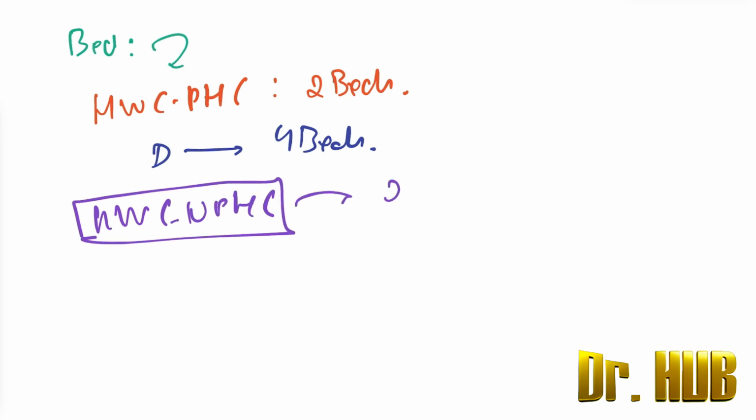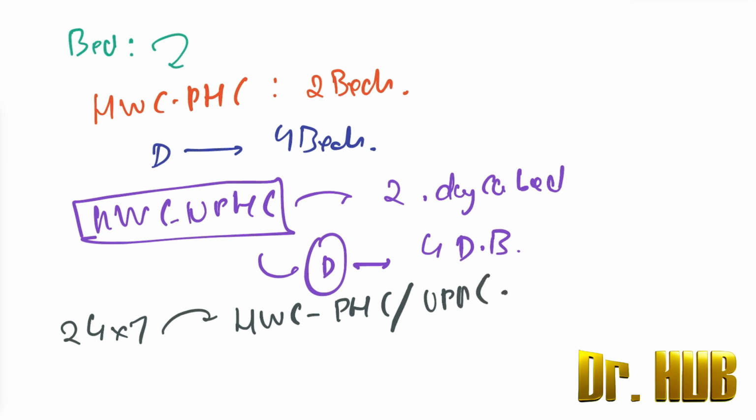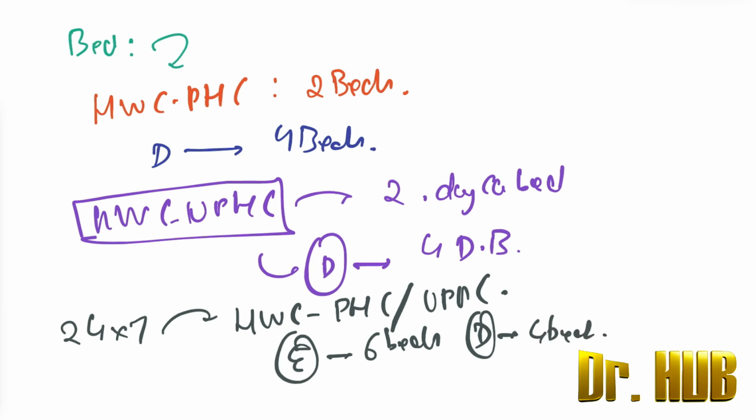The essential is 2 daycare beds, and the desirable will be 4 daycare beds. Now let's look at 24/7 HWC, PHC and UPHC. Here the essential will be 6 beds and the desirable is going to be 4 beds. So it is higher in terms of essential.